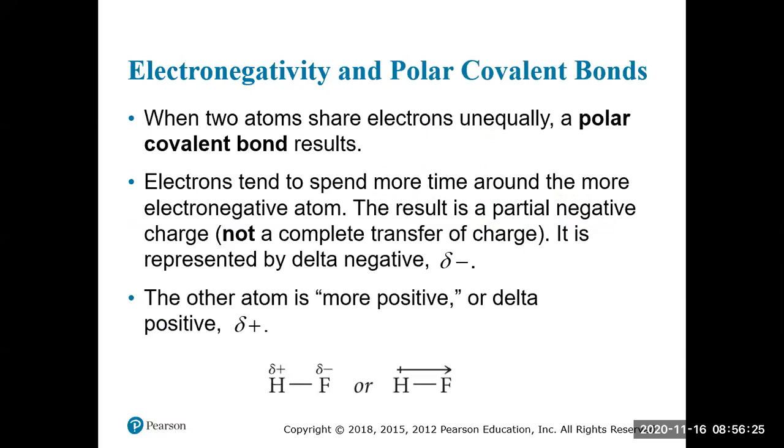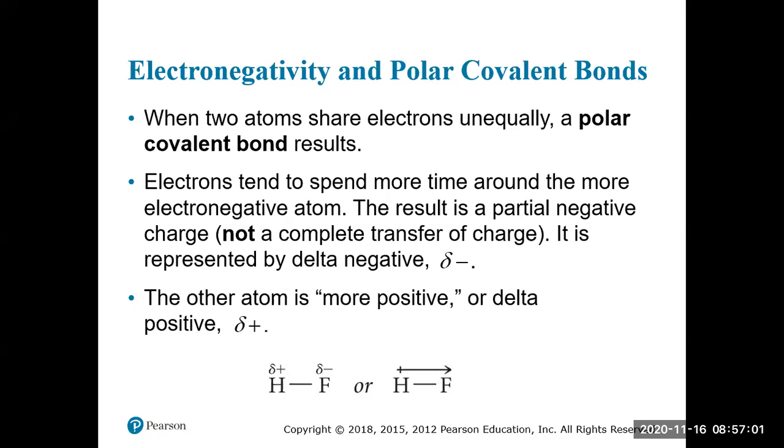So, as I said, we were talking about polarity of bonds and sharing those electrons. When we say that sharing is unequal, we say it's a polar covalent bond. Because of this, we'll also have polar or nonpolar compounds. There are two ways that we typically write this sharing of electrons, and that's the two examples that you see at the bottom.